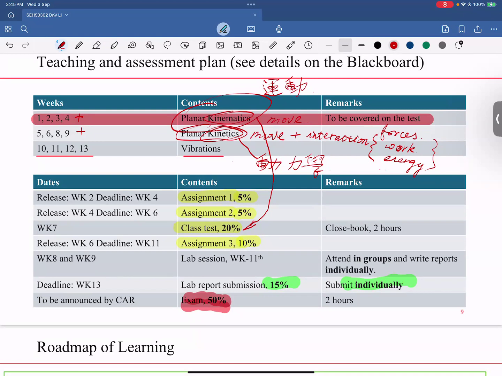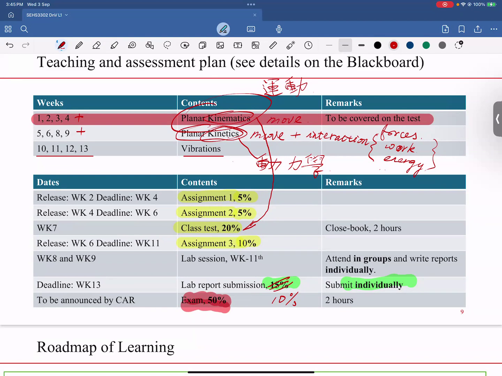係啦，唔係50，望一望，係咪55？Okay, then the lab report should be 10%. I forgot to update. Is it correct now? Week 8 and week 9, as I remember.